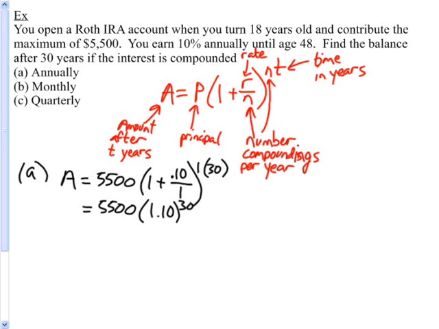And let me punch that in just a minute. All right, so you should end up with 17.449 times the 5,500.